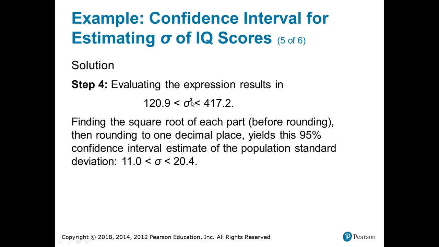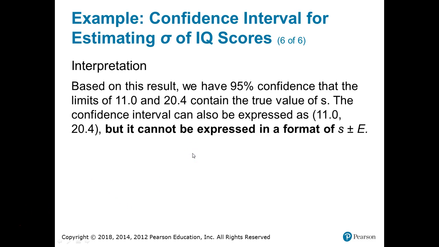We want the confidence interval for the standard deviation. So we take the square root of 120.9 and the square root of 417.2. This will give us the 95% confidence interval estimate of the population standard deviation. And now we can apply rounding, and here would be your final answer.